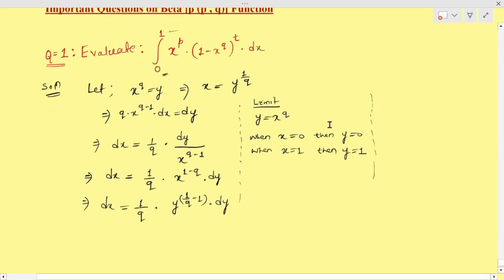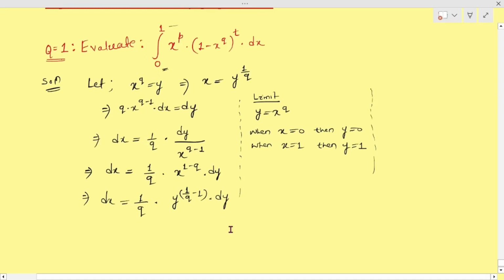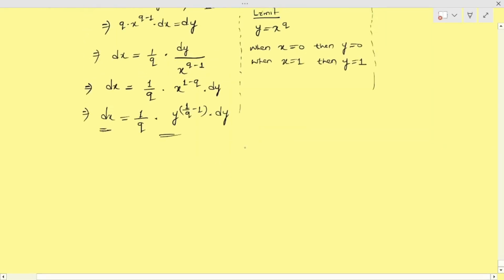Now we are going to substitute these results, that is, instead of x we substitute y to the power 1 by q, instead of dx we substitute this much, and the limit 0 to 1, in the integral given in the question. Then what can we get?